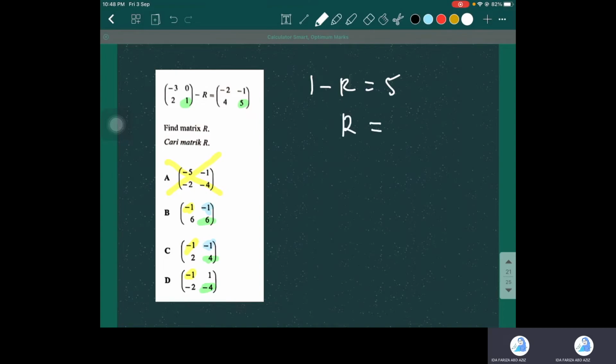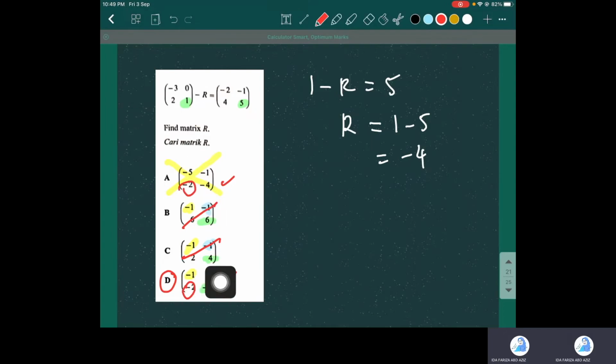So by this, I tahu R equals 1 minus 5, which is negative 4. So, I dah nampak lah jawapan. My answer gonna be D. Sebab yang jawapan negative 4, kalau tak confident sebab negative 4 ada 2 ni, A ke D. So, yang berbeza yang lain, ni tak payah check sebab dua-dua negative 2.